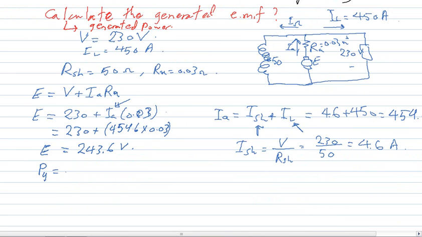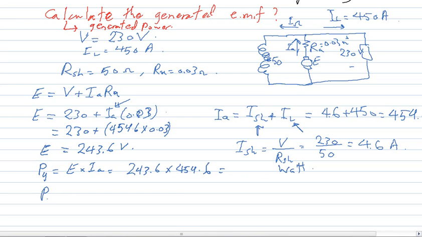P generated is equal to E multiplied by IA, and this equals 243.6 multiplied by 454.6. This will give us some power in watts.